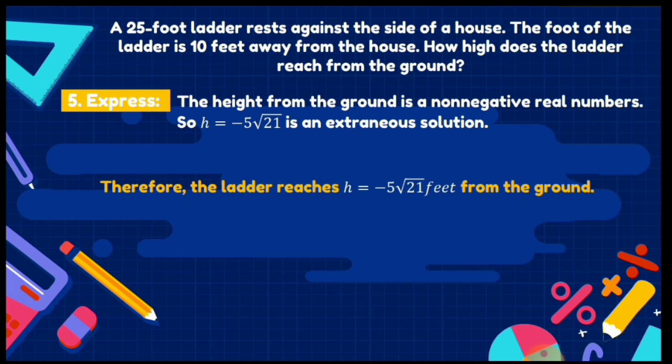Therefore, the ladder reaches h is equal to, take note, that is not negative, positive 5 square root of 21 feet from the ground.